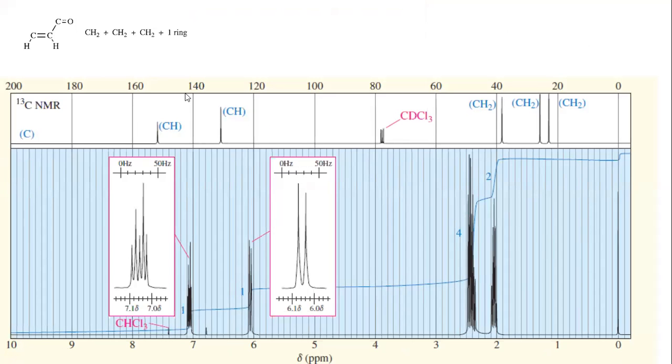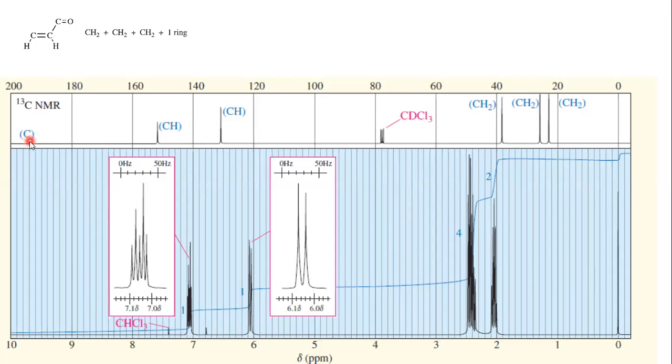NMR spectra is again very simple. This is our C13 spectrum, showing us DEPT values as well. So this is CH2, this is CH2, this is CH2. No CH3 here. This is CH, this is CH, and here we have a quaternary carbon.